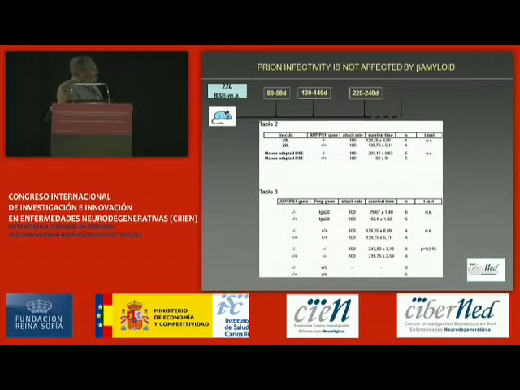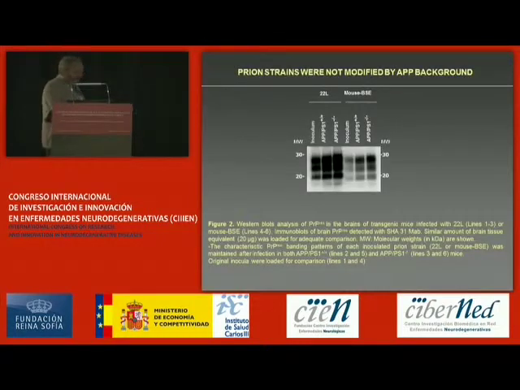Then with one copy or two copies or a lot, 4-6 copies, the survival time is shorter, but they respond only to the presence of PrP and not to the amount of amyloid in the brain. So that is the control to show that each strain, injected and recovered from the brain of an infected mouse, is not modified by the context of the brain, independent of the genetic background that we are using.